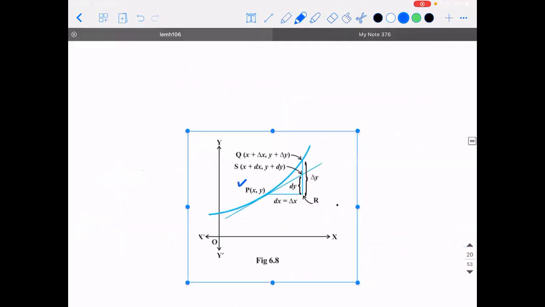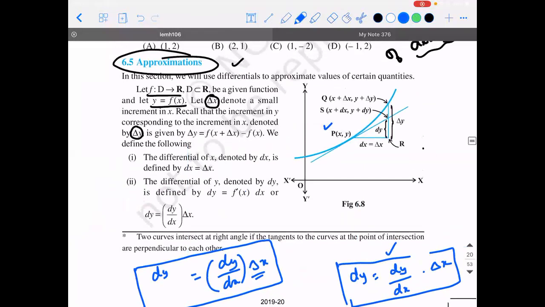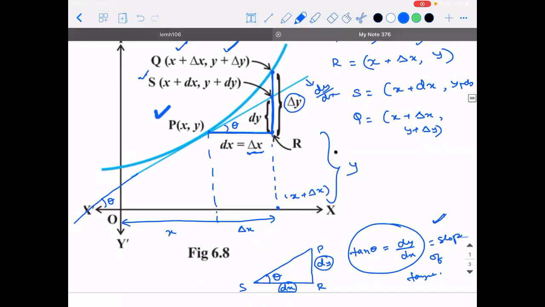Okay. Now, having all these points in mind, let's read the statement and understand. The increment in y corresponding to the increment in x is denoted by delta y. Then how can you write delta y in terms of f of x? Remember that y is equal to f of x.